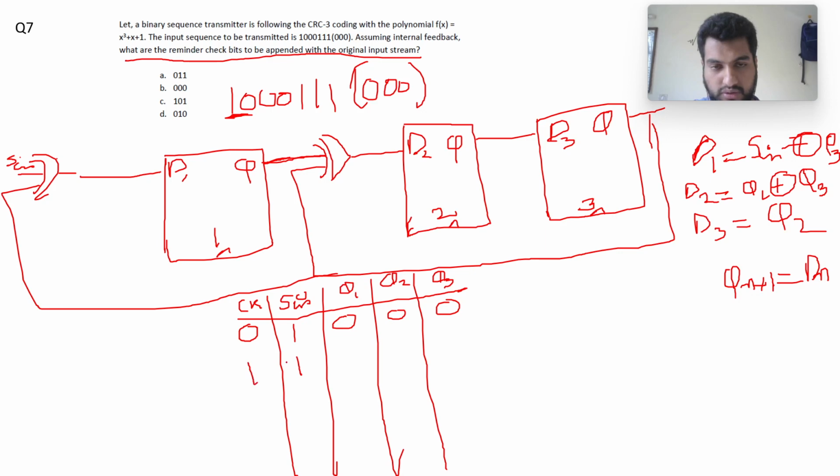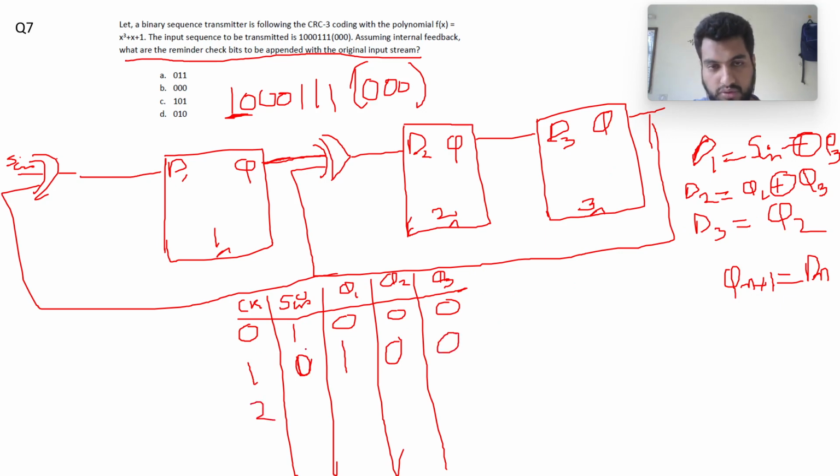D1 is equal to S in XOR with Q3, that is 1, and that means Q1 in the next cycle will be equal to 1. Now for Q2, D2 will be equal to Q1 XOR with Q3. So 0 XOR with 0 is 0, so Q2 will be equal to 0, and Q3 is simply D2. D2 was 0, so Q3 will be equal to 0.